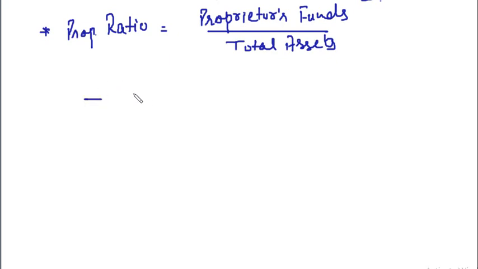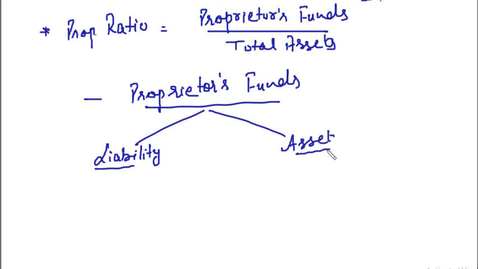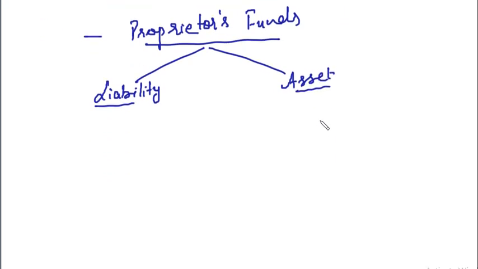Now, talking of proprietors funds, how to calculate proprietors funds? There are two approaches. One is the liability approach and the other is the asset approach. The liability approach is shareholders funds.